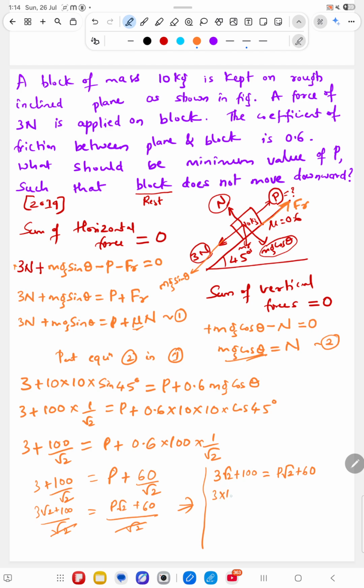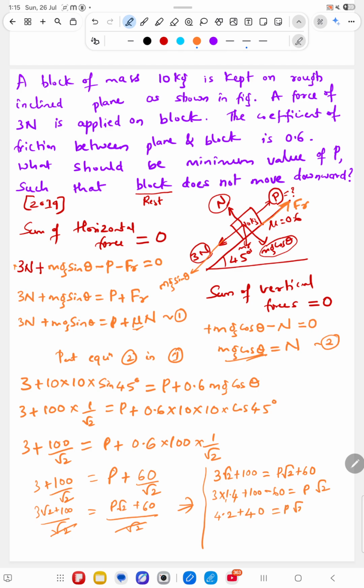This 3 root 2 I will take as 1.4, plus 100, and this is P root 2 plus 60. So 60 I will take to this side, and this is P root 2. So this is 4.2 plus 100 minus 60 is 40.